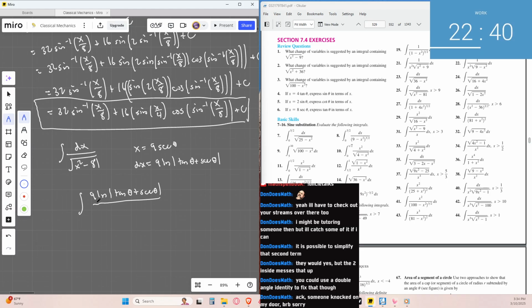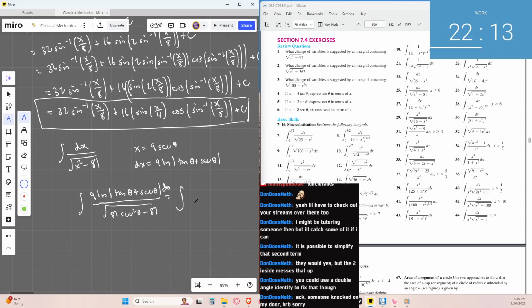Although this integral is going to look very, very cumbersome, I will say that for sure. So we're left with 81 secant squared minus, therefore, oh, I forgot the d theta there.